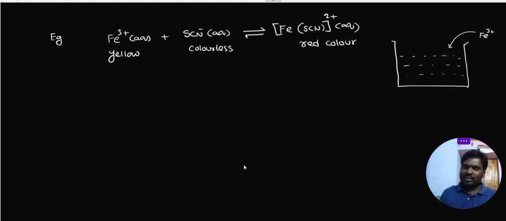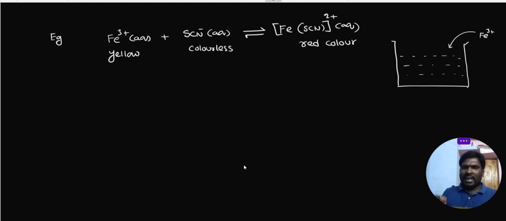Before this, the system is in equilibrium initially, and the color of the equilibrium system may be reddish yellow, meaning the solution appears as red and yellow colors mixing, partially red, partially yellow. We can observe that in the solution.